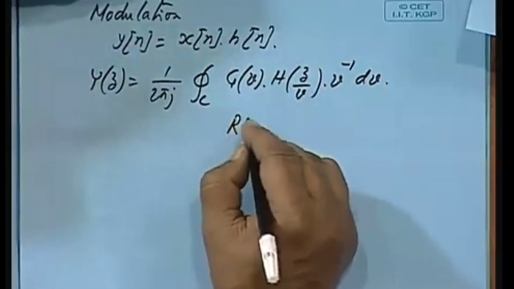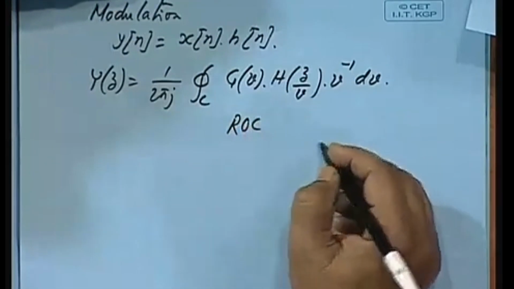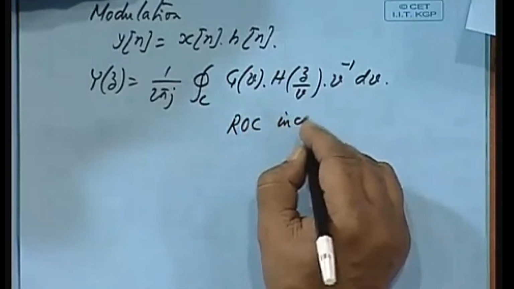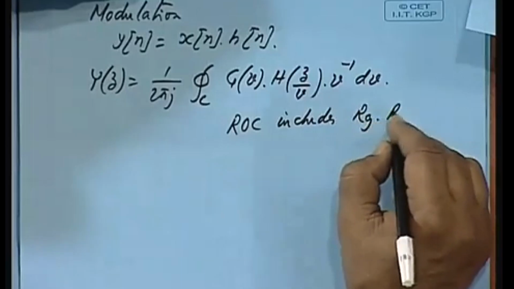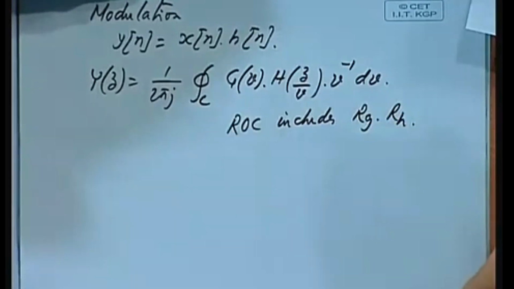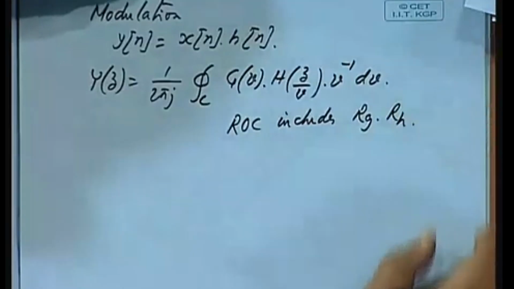The ROC, region of convergence, includes RG and RH.